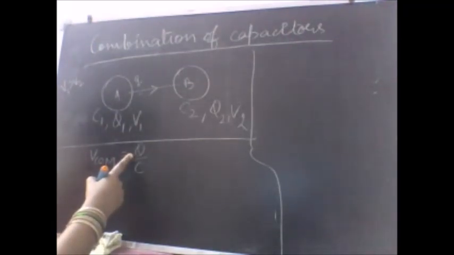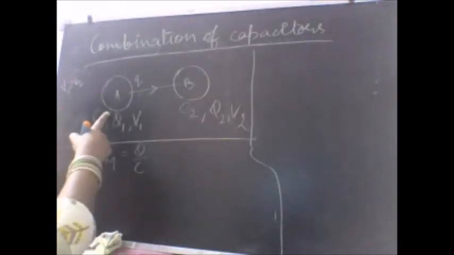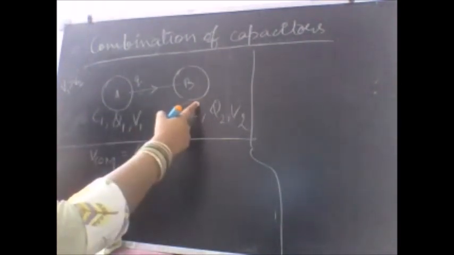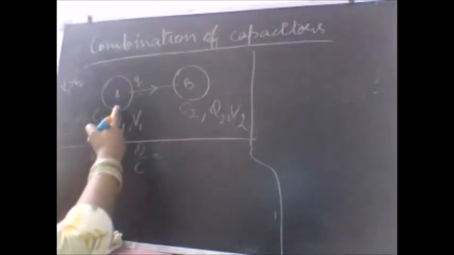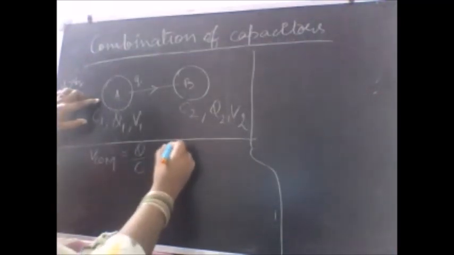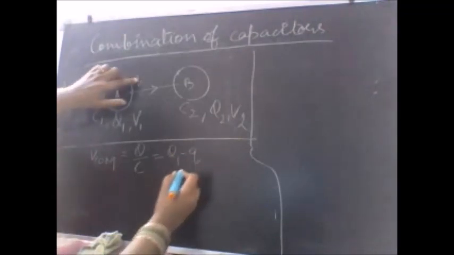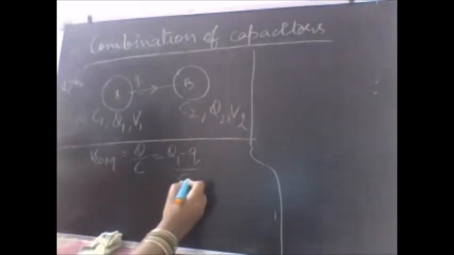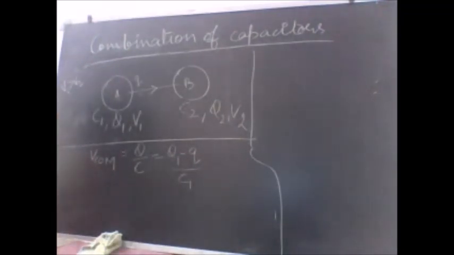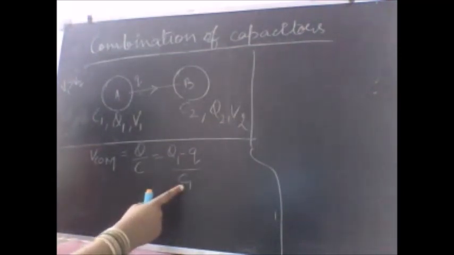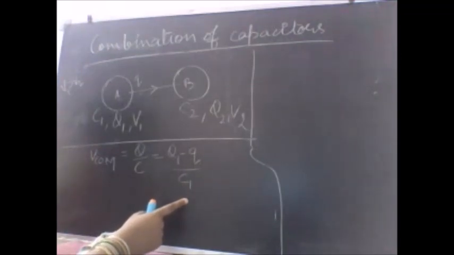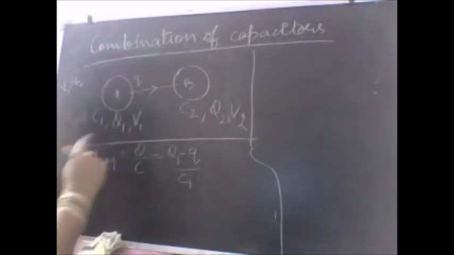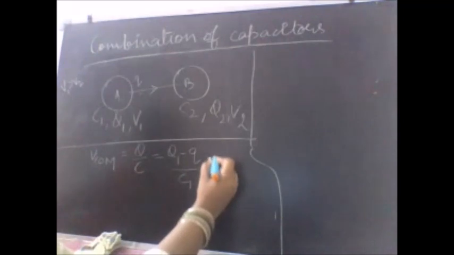Q is the final charge which is retained by A. Q is the final charge which is acquired by B. So if I am talking of sphere A, I will write down that this is Q1 minus this small charge q that has taken an exit from this, and C is the capacitance, which anyway will not change. Why? The capacitance will not change because the capacitance depends only on the permittivity of the medium and the radius of the sphere. It does not depend upon the charge, nor does it depend upon the potential. So this is equation number 1.